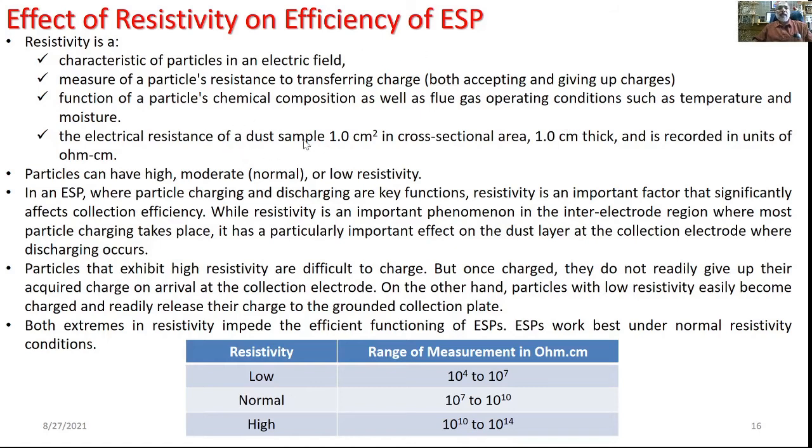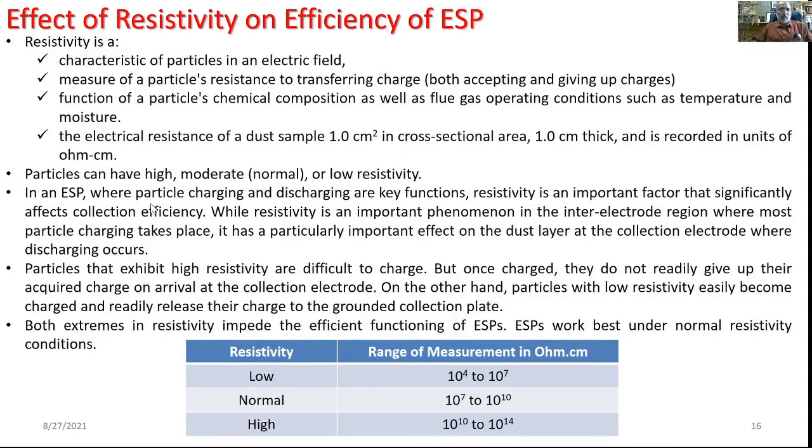It is the electrical resistance of a dust sample 1 centimeter square in cross-sectional area and 1 centimeter thick, and it is recorded in units of ohm centimeter. So the resistivity of a particle can be expressed as high, normal, or low.